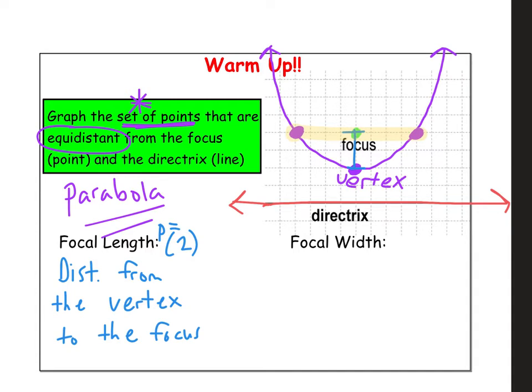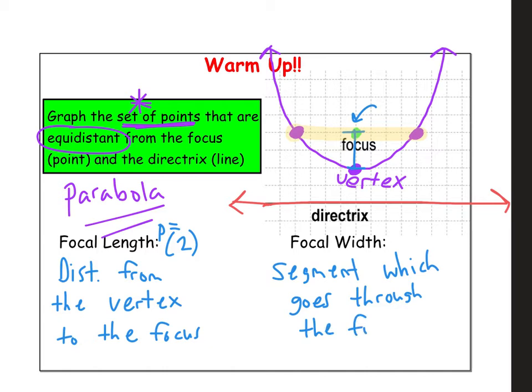So it has to be going through the focus and cutting through the parabola. It's just going to be the width of a segment which goes through the focus. The focal width is actually the length of that segment.